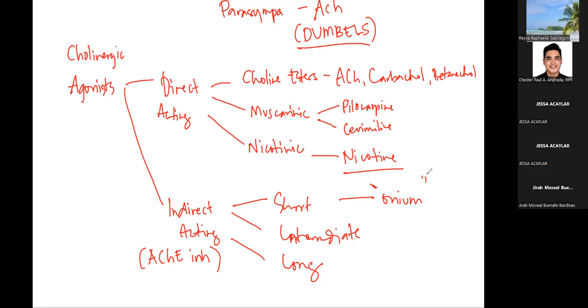So edrophonium is used for myasthenia gravis, both of them actually, but we mostly use edrophonium to diagnose myasthenia gravis. So we call that the Tensilon test.